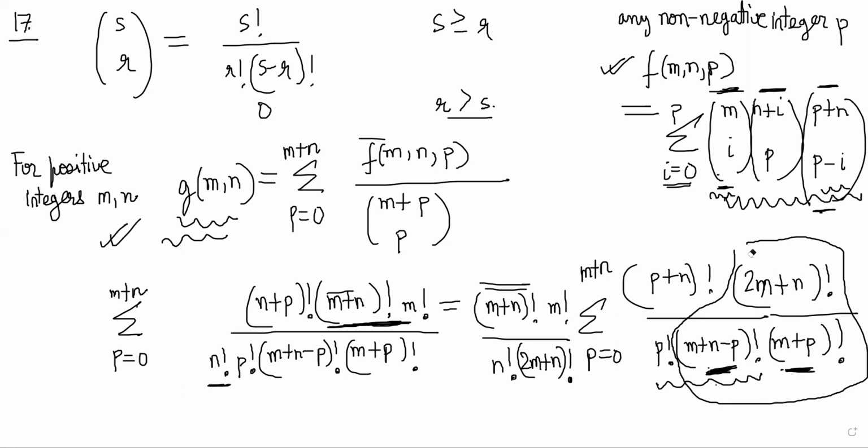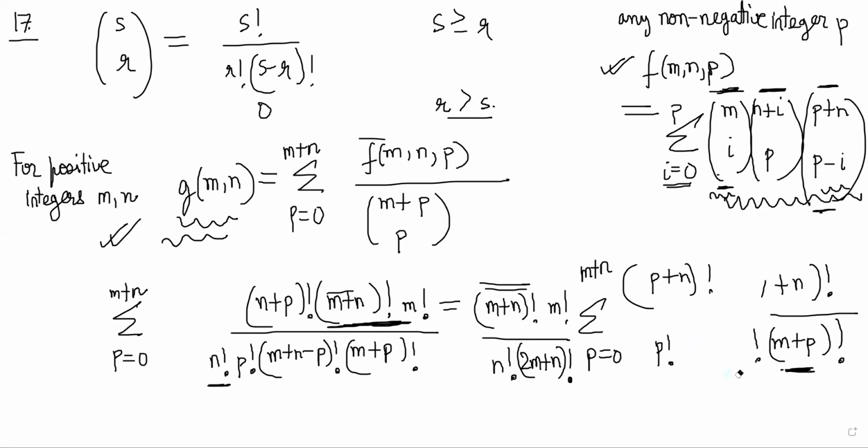So I will write it here: 2m plus n C m plus P.